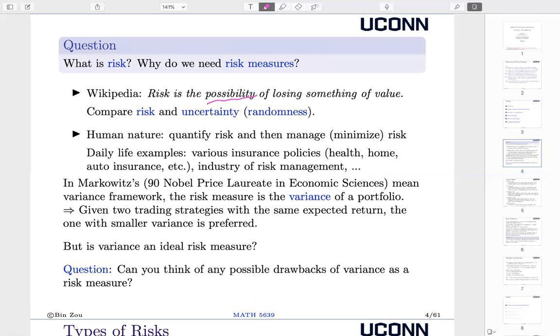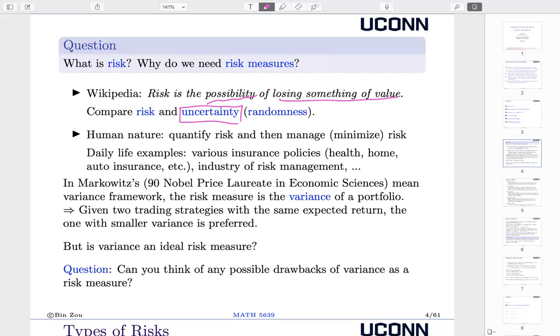It's only on the probability level. That's why sometimes people get confused between risk and uncertainty or randomness. Uncertainty also means something might happen, but without sureness. Risk means, on top of uncertainty, you may lose something.